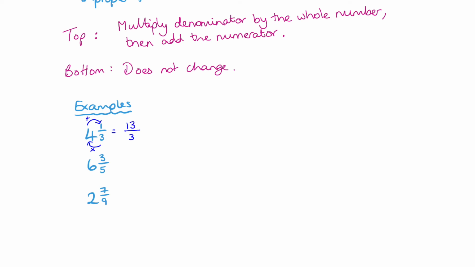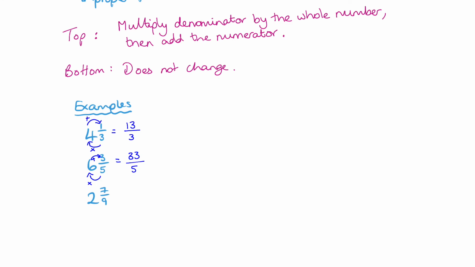All right. The next one, we're going to do the same. We're going to multiply and then we're going to add. So 5 times 6 is 30. Add 3 is 33. So we get 33 on the top. And the number on the bottom doesn't change. It stays as a 5.